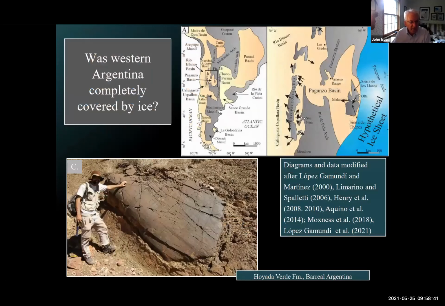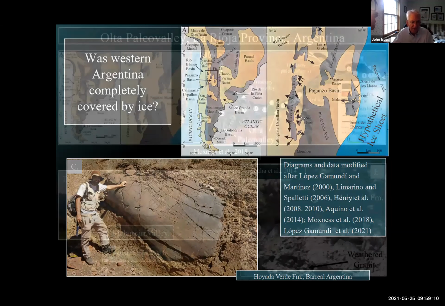Turning our attention to Western Argentina and asking the same question, was Western Argentina covered by ice? We find abundant evidence in uplifts along Western Argentina, late Paleozoic uplifts, lots of ice indicators indicating flow directions by this uplifted area, this hypothetical uplifted area, the Proto-Precordillera.